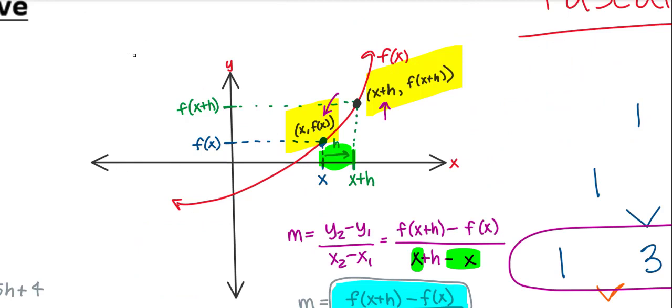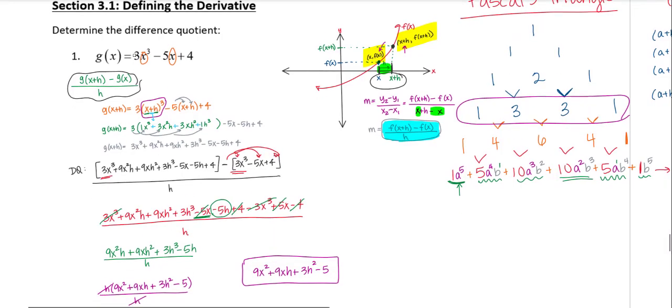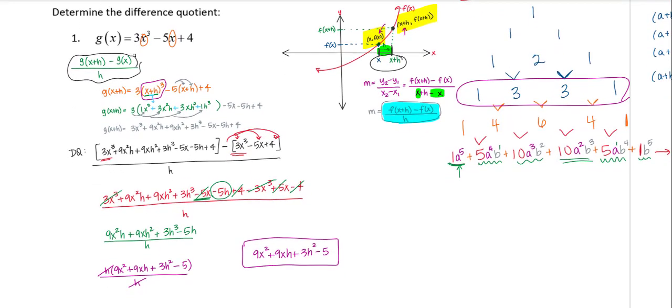You're going to see that these 2 points are going to become close to 1 point, and so you'll be able to estimate or find an instantaneous rate of change instead of only talking about an average rate of change. So this difference quotient becomes a necessary piece when we are evaluating a limit.